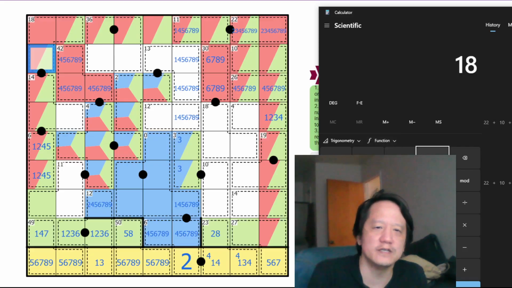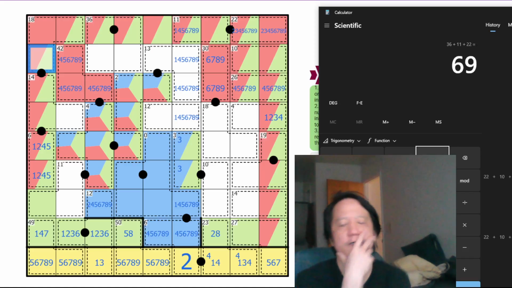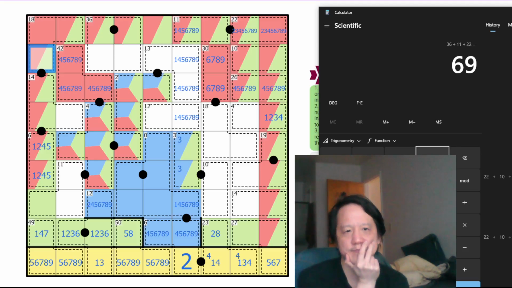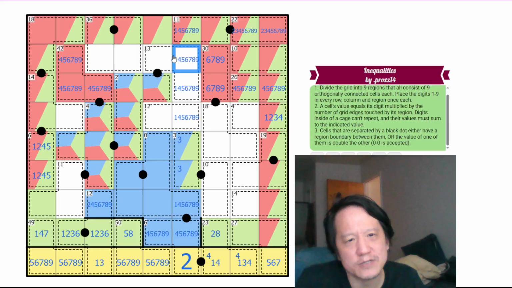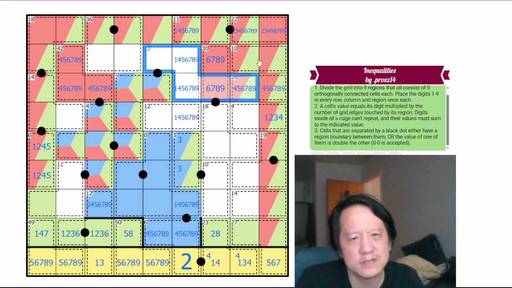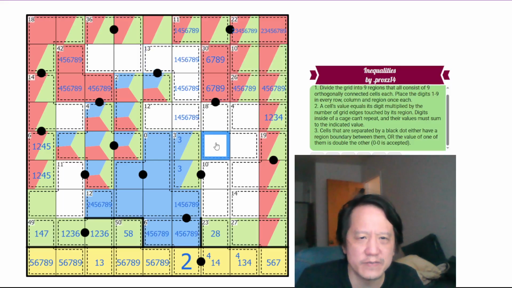Calculator, okay. 18 plus 36 plus 11 plus 22. That's 69. This is not helpful. That doesn't really tell us anything. Maybe add these? I don't know.